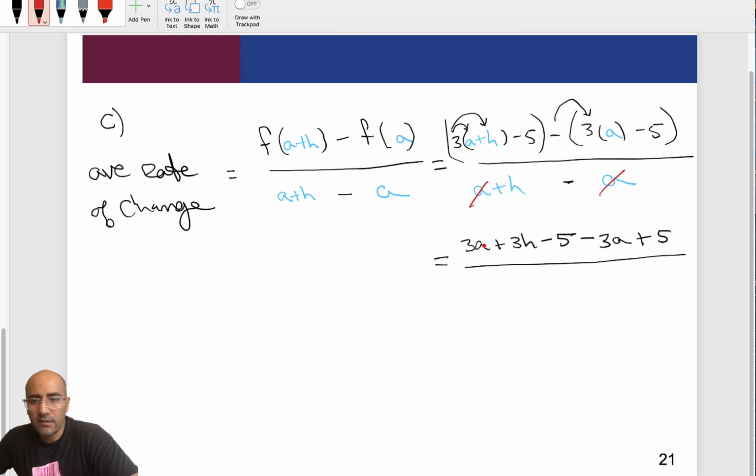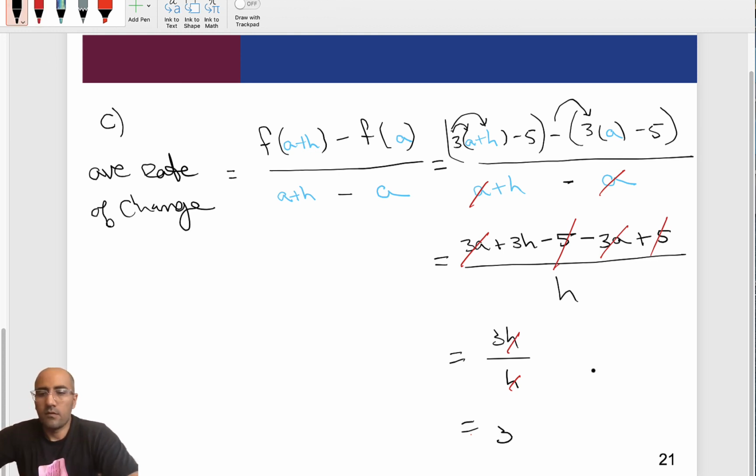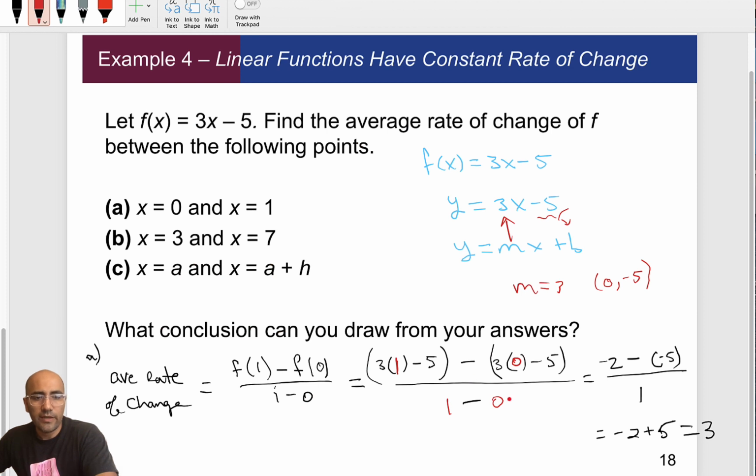While we're at it, this one's going to cancel with this one, and this one's going to cancel with that one. So in the denominator, I'm left with just an h, and in the numerator, the only thing that survives is a 3h. It'll be 3h over h, and now the h's cancel, and we're left with just 3. Good. So no matter which average rate of change we wanted, we always got an answer of 3. And that's what we want to get away with here.